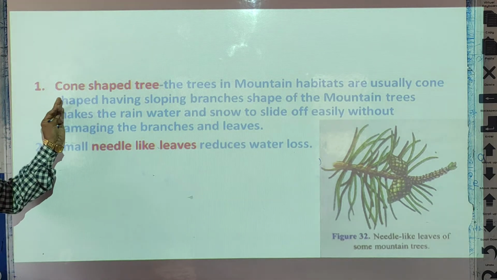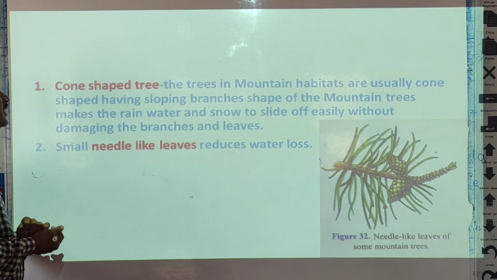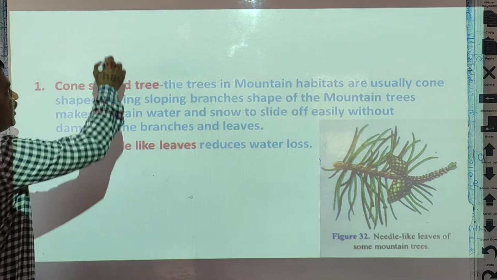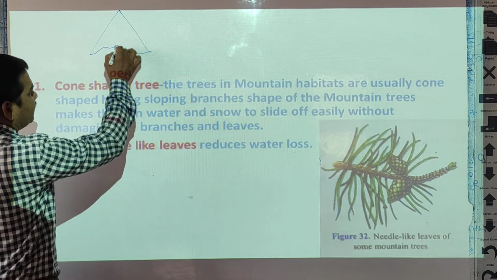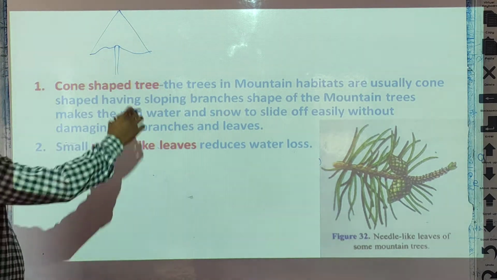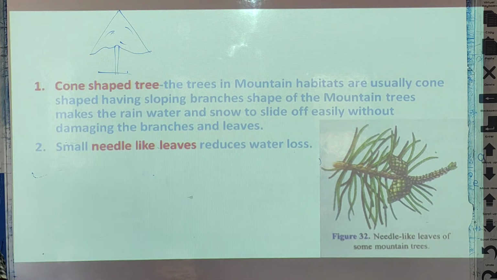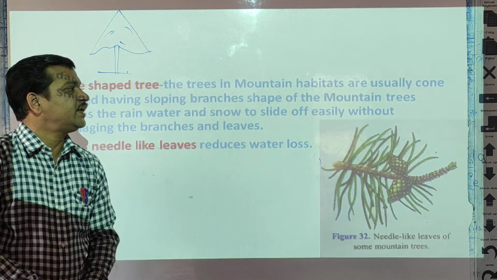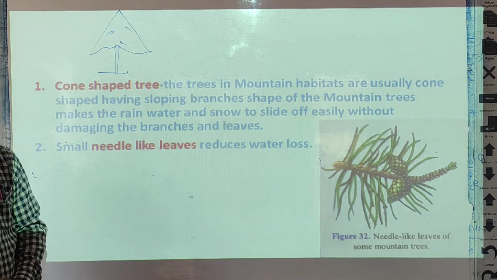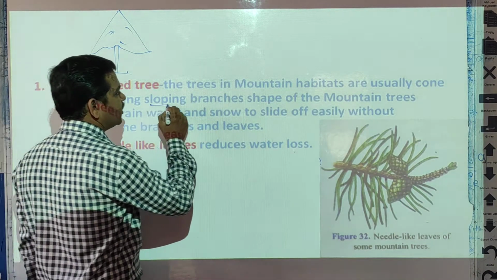Now next thing, all mountain plants have cone shaped trees, like a triangular shape, you can see. These mountain trees are usually cone shaped, having sloping branches. This is very important.